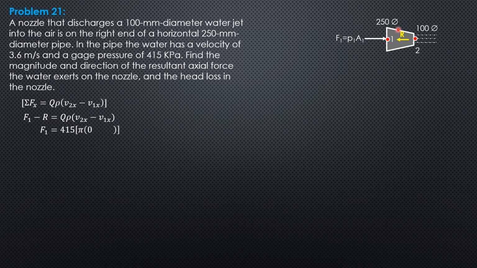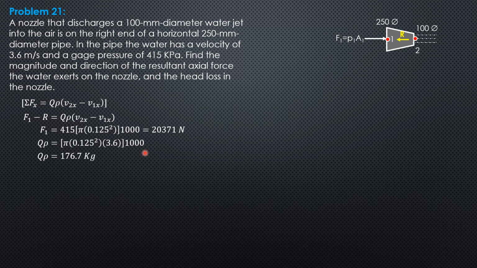So 415 times pi 0.125 square times 1,000 to convert it to newtons. So 20,371 newtons. Then Q times rho is pi 0.125 square times 3.6, then times 1,000 kilogram per cubic meter.